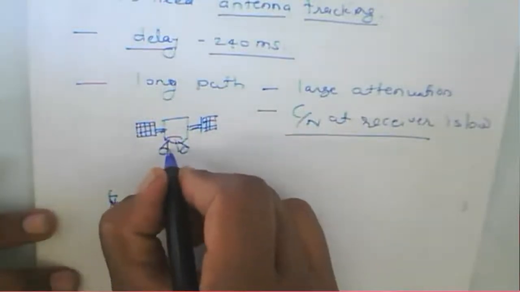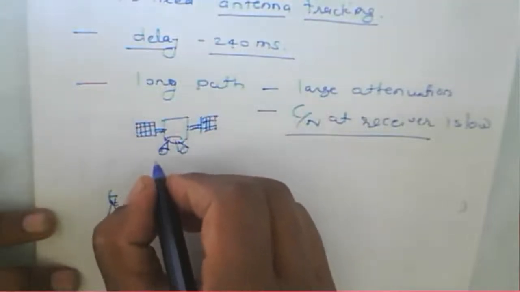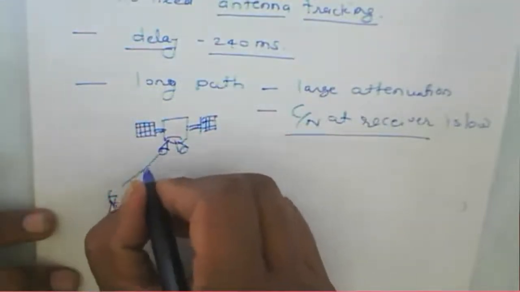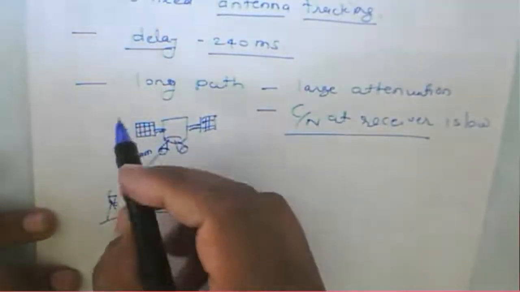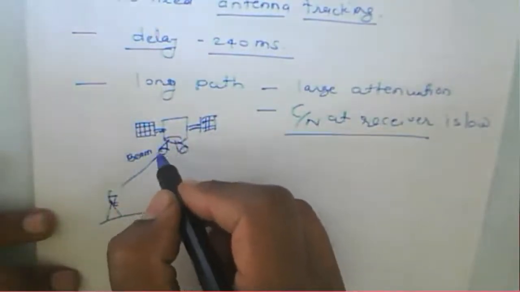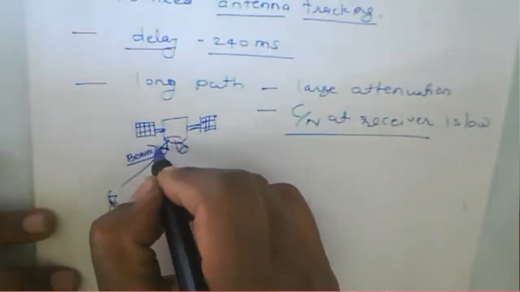Okay, this is about our satellite here. Whichever antenna is used in the satellite, the size of the antenna is to be large. Because of that large antenna, the beam width will be narrow.